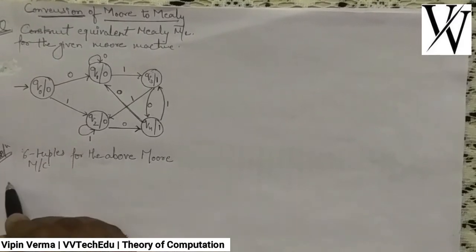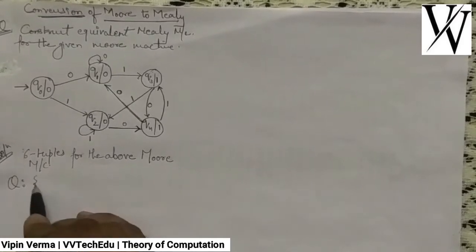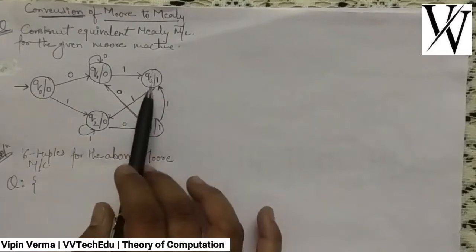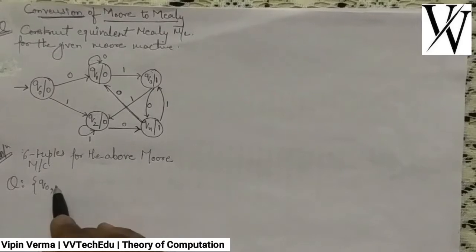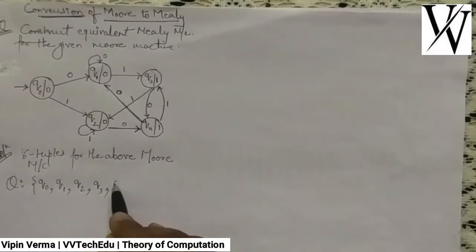Now what are these 6 tuples we have in this machine? You can see the capital Q, which represents the set of states. How many states do we have in this machine? We have Q0, Q1, Q2, Q3, Q4, 5 states. So we specify all these states here as Q0, Q1, Q2, Q3, Q4.